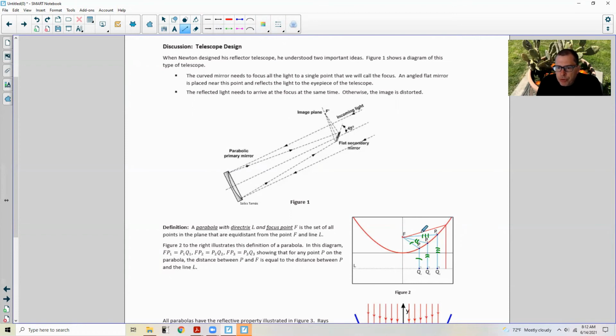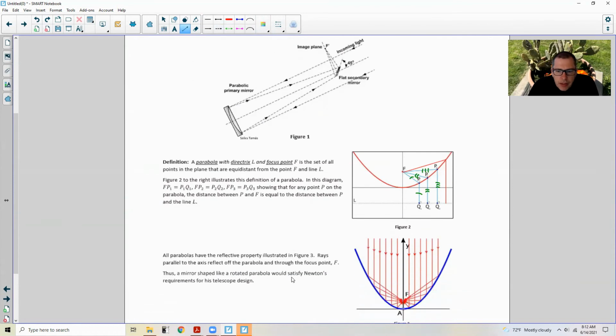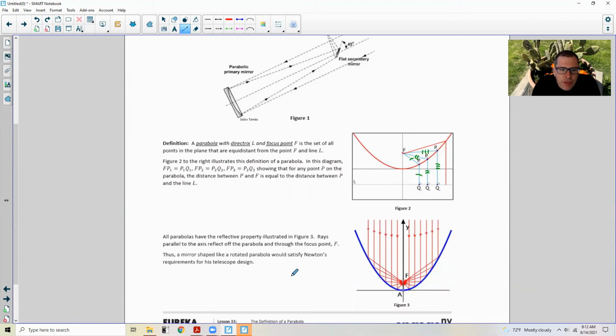No matter where you draw, every single point on the parabola will be the same distance from the focus and the directrix. Okay, continuing on, it says figure 2 to the right illustrates this definition of a parabola. In this diagram, FP1 equals P1Q1, FP2 equals P2Q2, FP3 equals P3Q3, as I stated earlier.